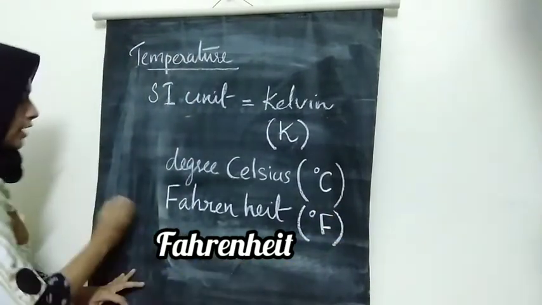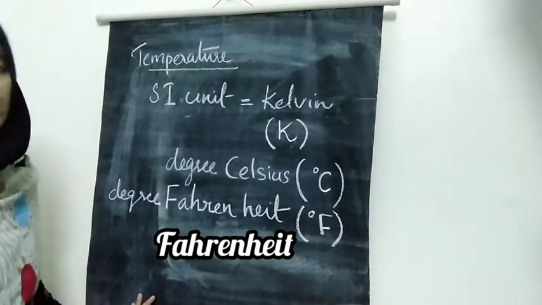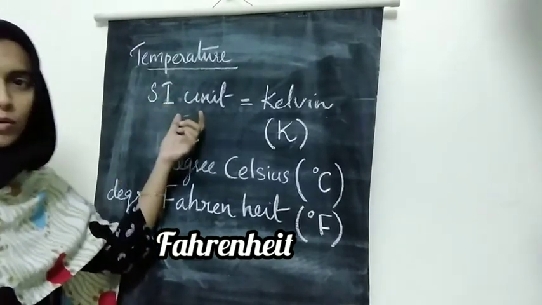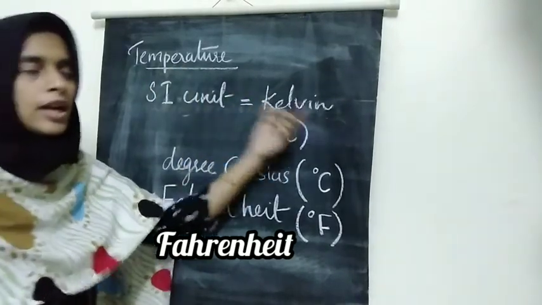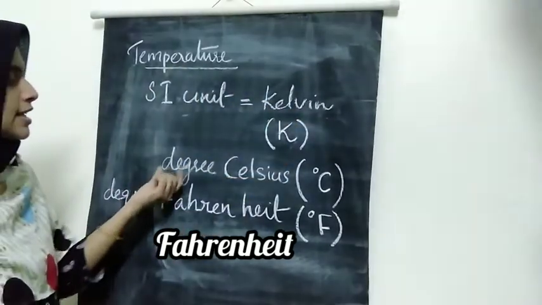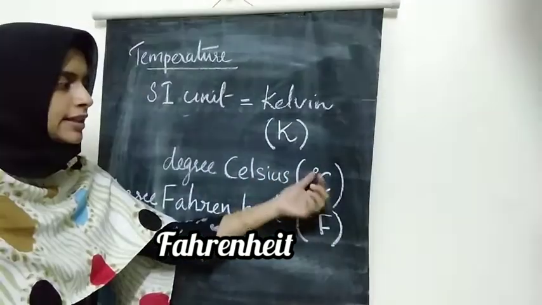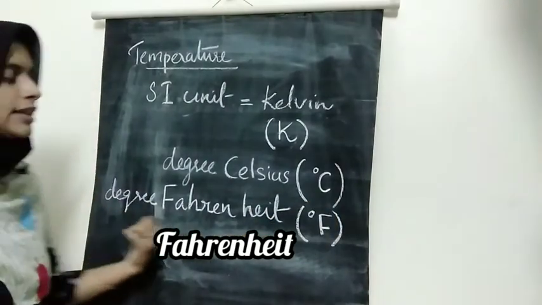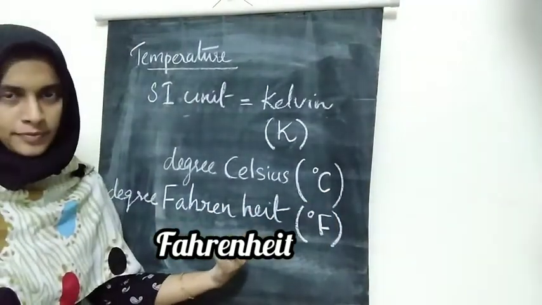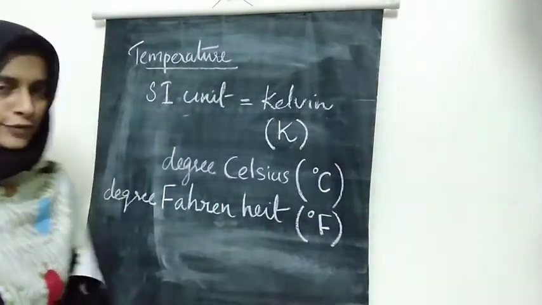So we can write: the standard or SI unit of temperature is Kelvin. Commonly we are using degree Celsius, denoted by degree capital letter C. Then another unit, degree Fahrenheit, is denoted by degree capital letter F.